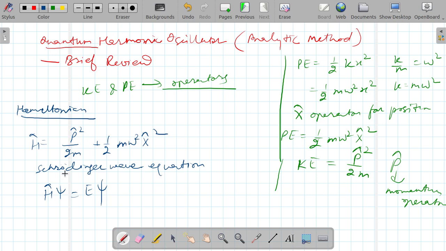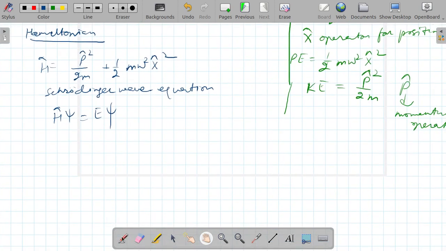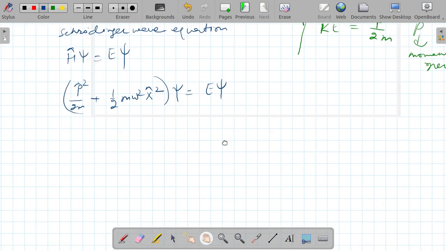So if I substitute the values of these operators, how can I write down p square by 2m plus half m omega square x square, psi, is equal to E psi.